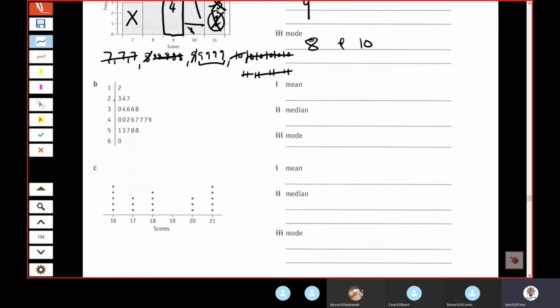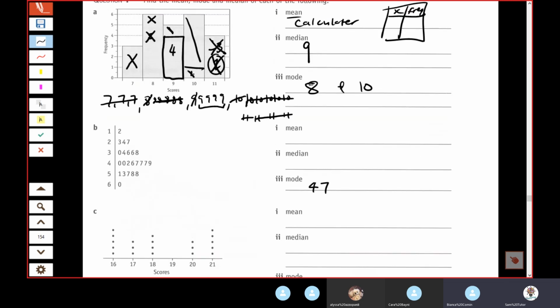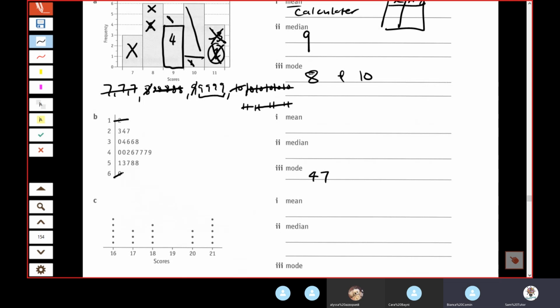Next, how do we read these numbers? 12, 12, 23, and so on. What's your mode? The most occurring looks like it's 47. And then what's the median? I do it exactly the same way, girls. I'm just going to cross out 1, cross out 1. Smallest, highest, don't forget that. Smallest 3, highest 3.